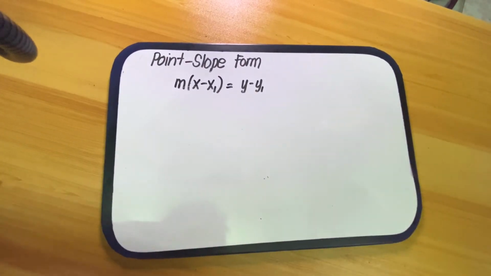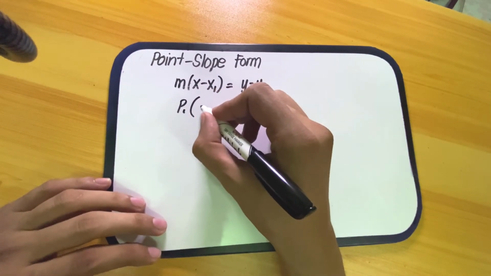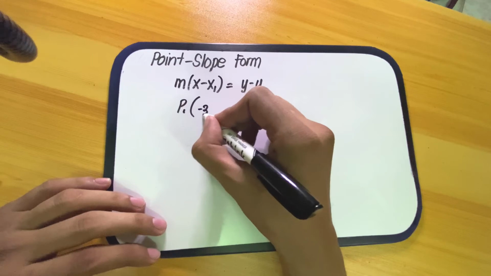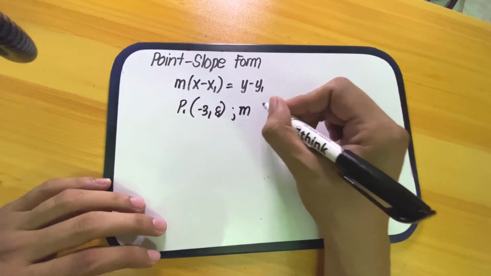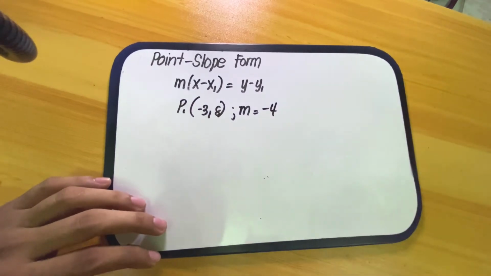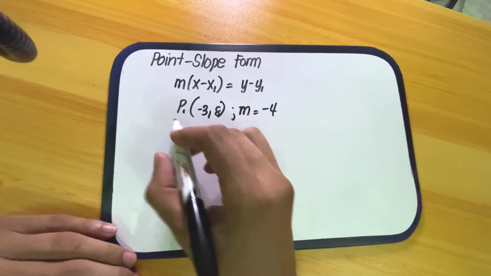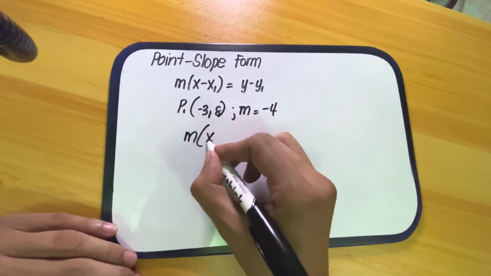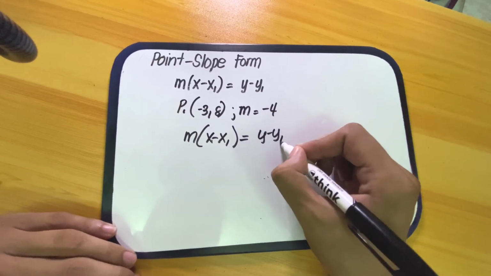So let's have the second example using the point slope form. So for example, you have the point which is point 1, we have negative 3, then positive 8. Your m is negative 4. Okay, so using this formula, m times x minus x sub 1 equals y minus y sub 1.